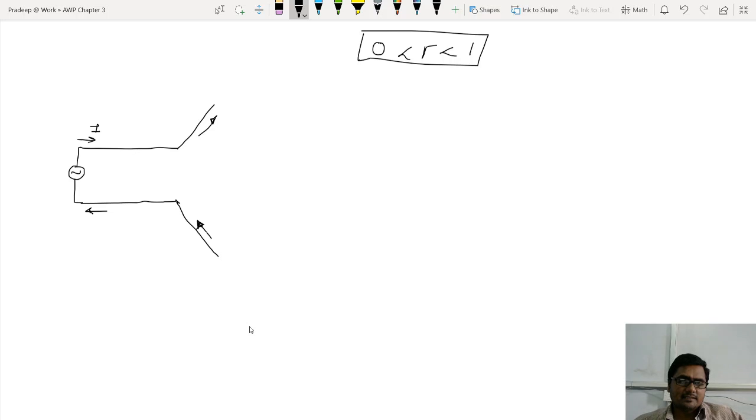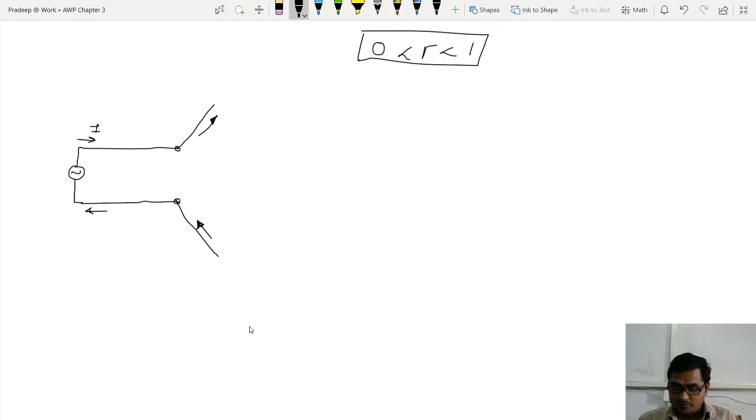Now reflections are reduced. Why? Because now at the end, here somewhere at the end, impedance is not infinite. I bend the wire. It means I am not providing infinite impedance. I am providing some finite impedance. And as if it is a finite impedance, it has to absorb some energy, is it?